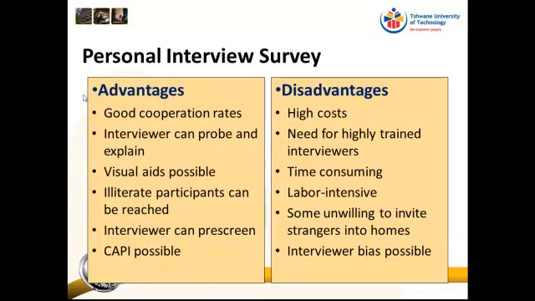But if you wanted to use a lot of interviewers and you wanted people that come cheap, you probably would have used people with lower skills than what you guys have, and of course that means that it also costs more. It's time consuming, labor intensive, and then some are unwilling to invite strangers into their homes, and I know that some of you found that on Saturday.